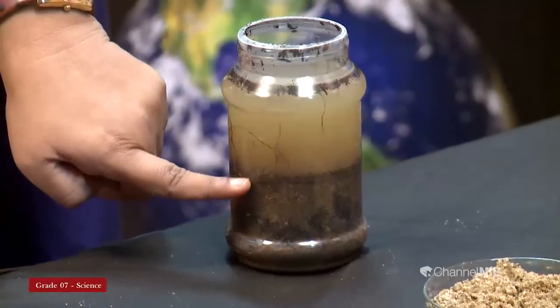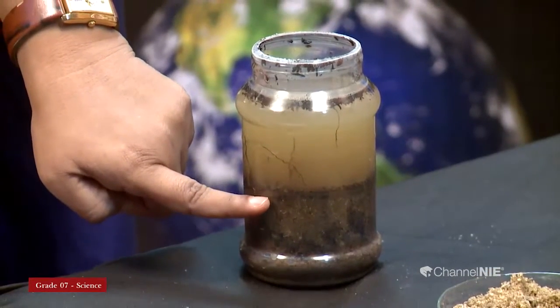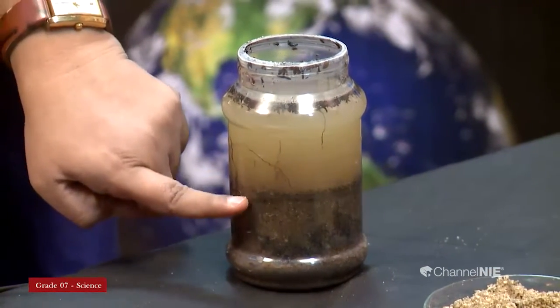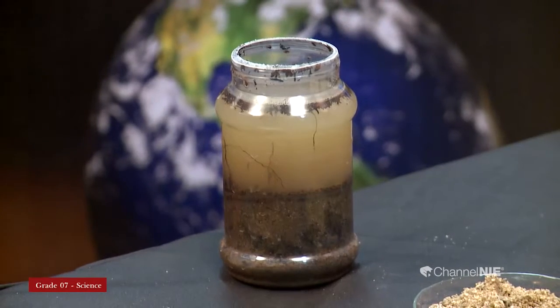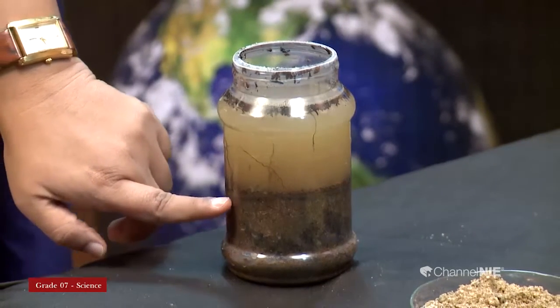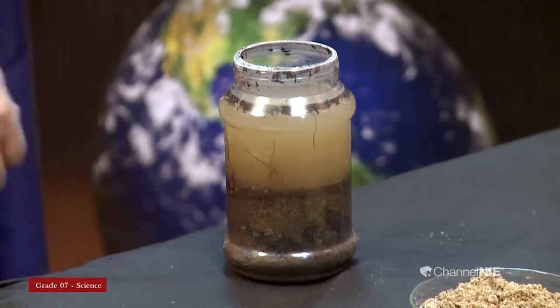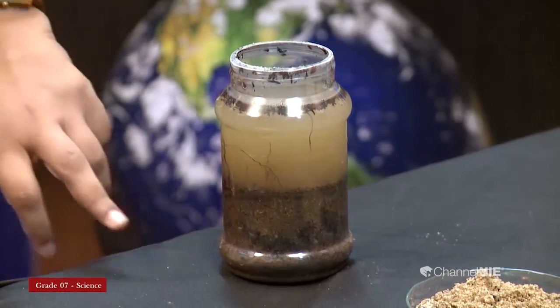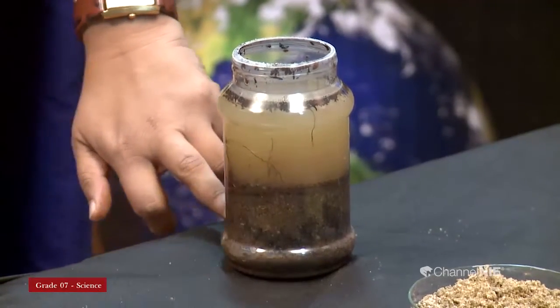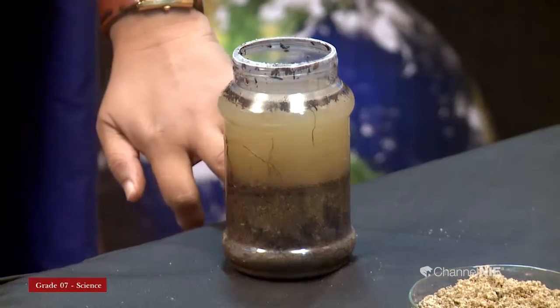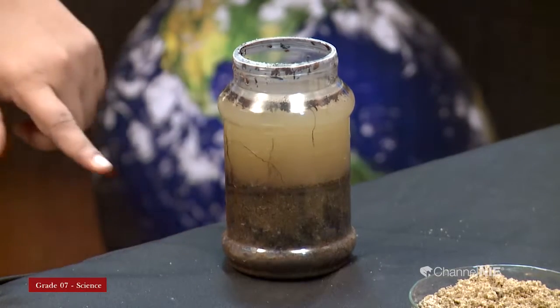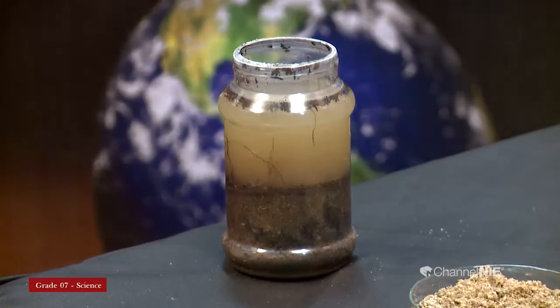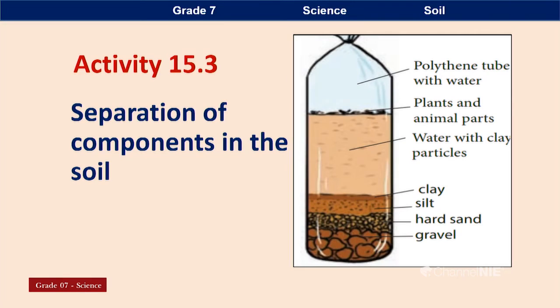The first layer is the clay layer after this water level. Then the silt layer can be seen. Here the silt layer can be seen. Hard sand, but it is hard, is found there. Then gravel is found at the bottom. So, gravel, hard sand is there.